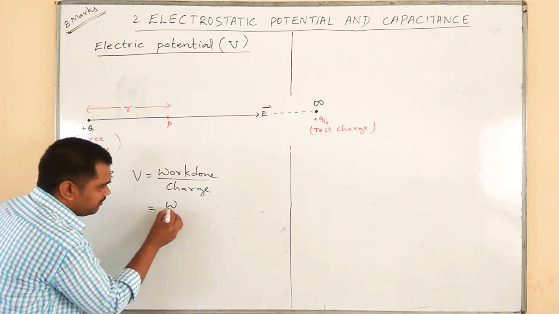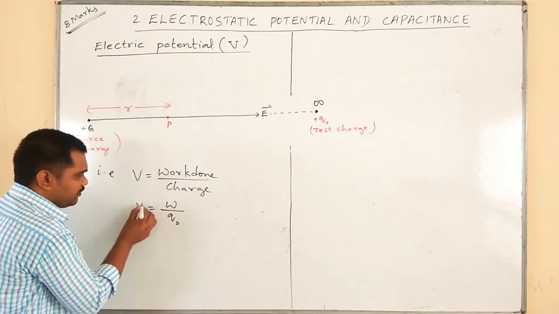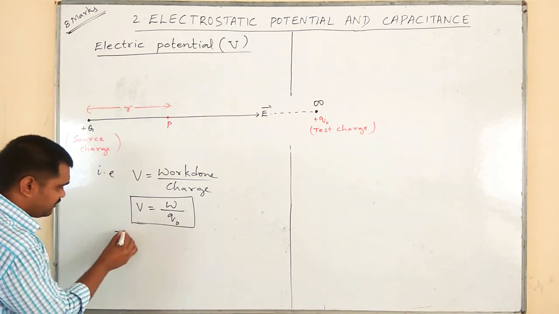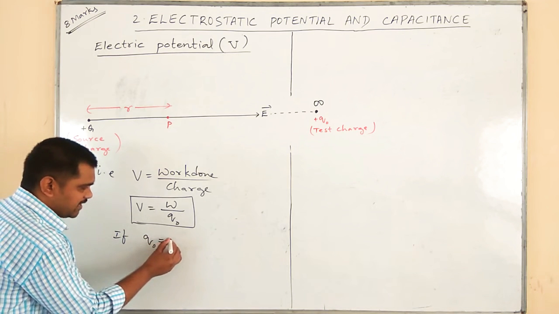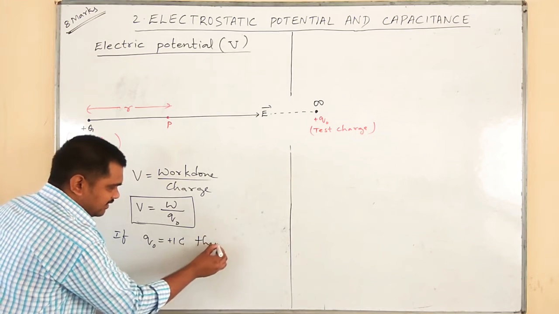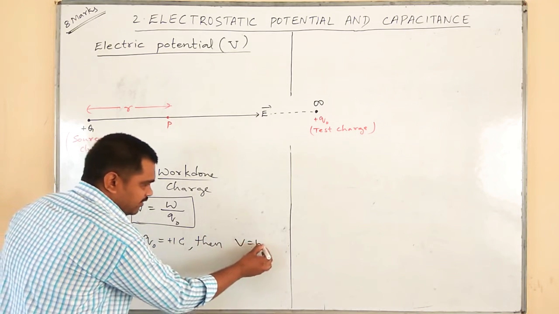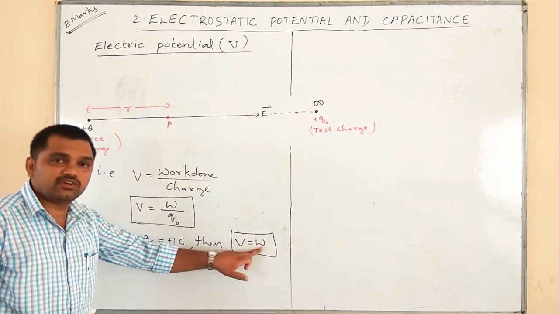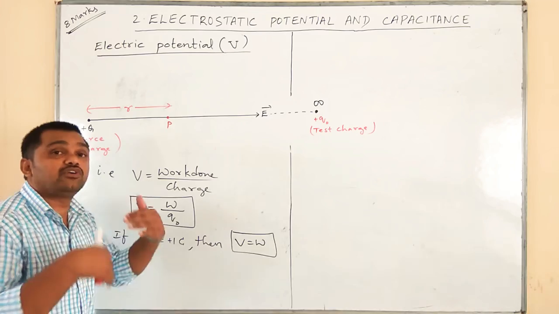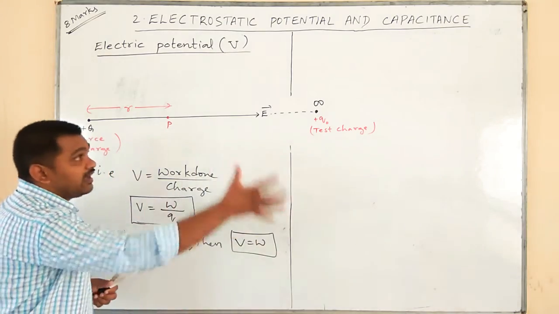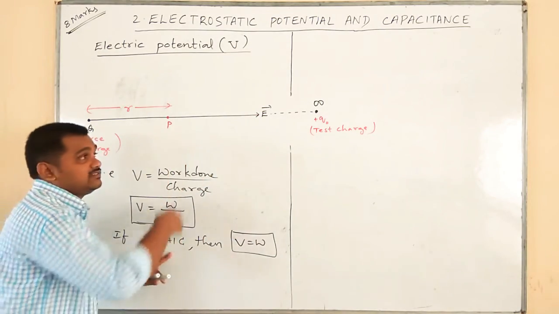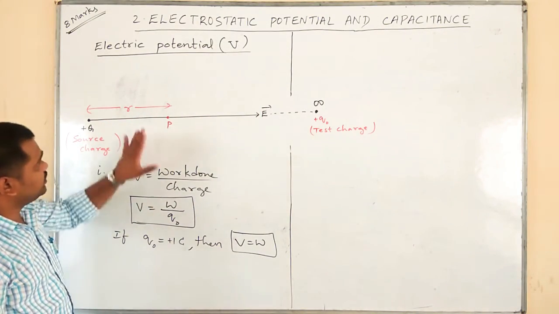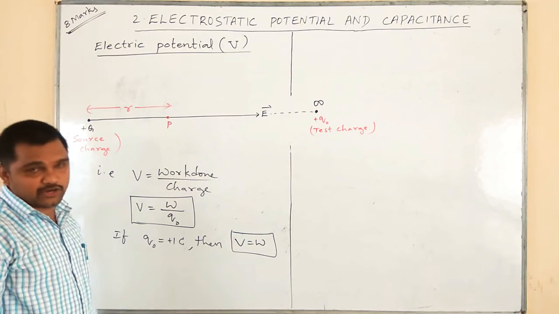Work done is W, charge is Q naught, therefore V is equal to W divided by Q naught. If Q naught is equal to plus 1 coulomb, then V is equal to W, that is, electric potential is the amount of work done or amount of energy spent in moving that unit positive test charge from infinity to that point. Okay, so this is the definition for electric potential.